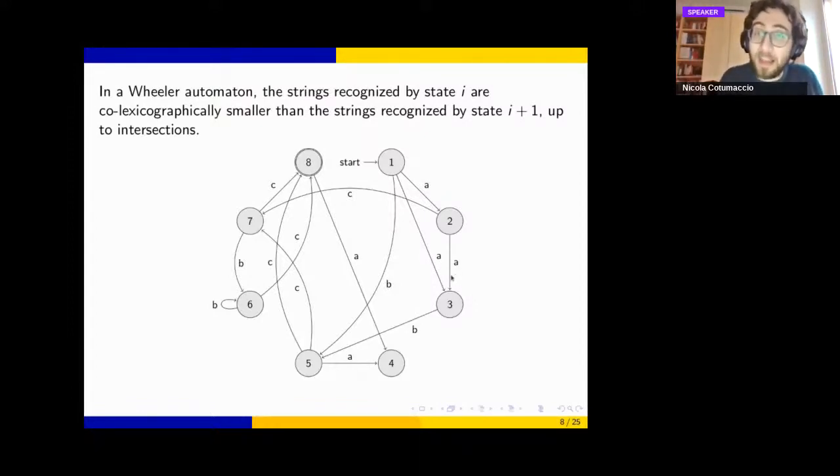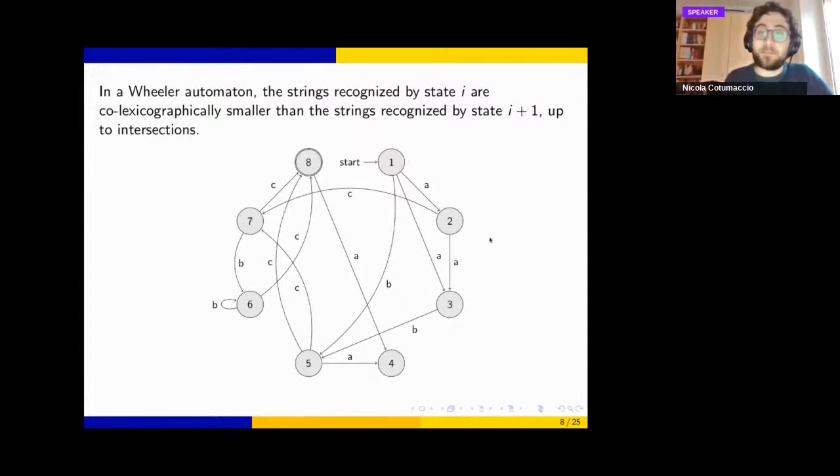And the reason why this actually works is that if I consider all strings recognized by state I, that is, all strings that I can read, for example, starting from the initial state and ending in state I. So, for example, in the case of state 3, these strings are A and AA. Or, for example, in the case of state 5, these strings are B, AB, AAB, and so on.